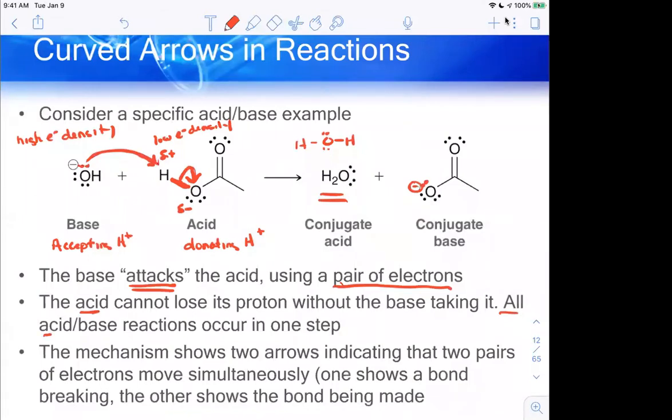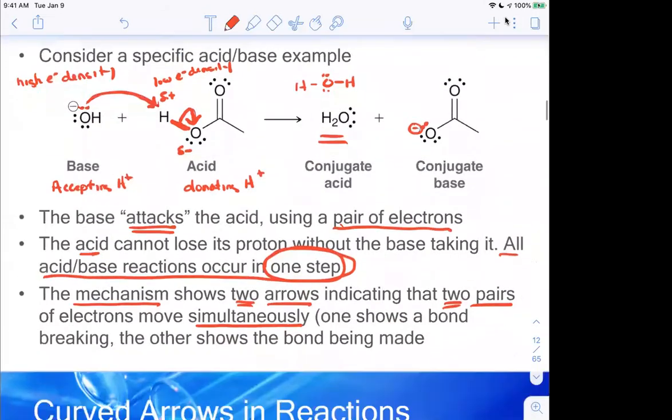All acid and base reactions occur in one step. The mechanism is showing those two arrows that indicate that two pairs of electrons move simultaneously. One shows a bond breaking, the other shows the bond that's made. These curved arrows in reactions are really, really important to know.